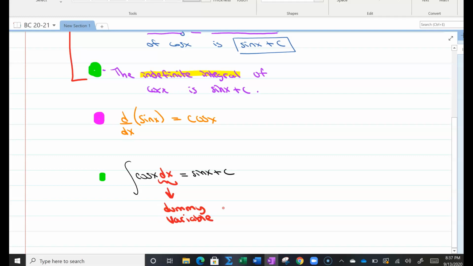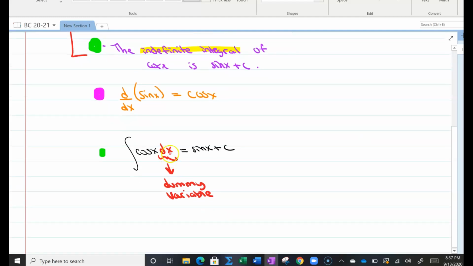It means nothing to you right now beyond you must write it, and you must always write it so that the dummy dx is a factor of what you are taking the indefinite integral of. Let me give you some vocabulary here. This function, which we are trying to anti-differentiate, is called the integrand. The integrand is the thing you're trying to find the family of antiderivatives of. This symbol right here, a lot of people say it looks like an S. It is an S. That symbol is the integral symbol.